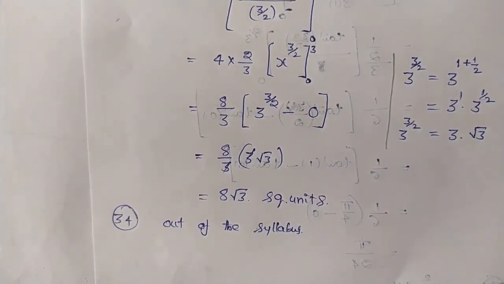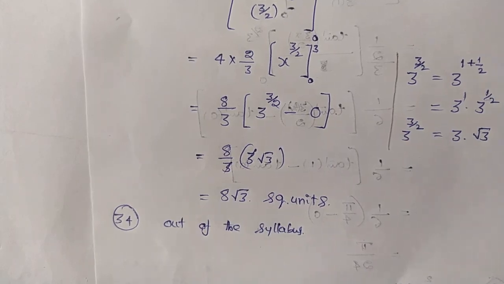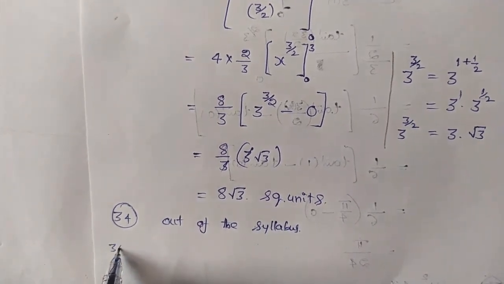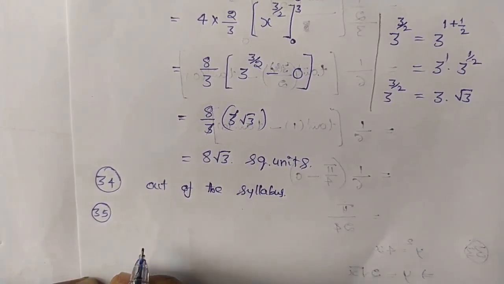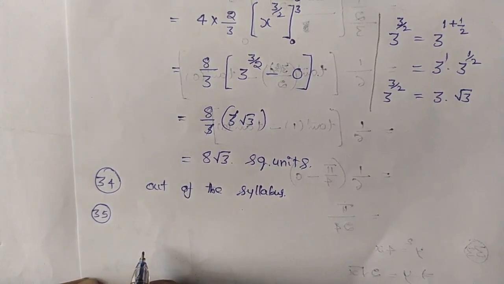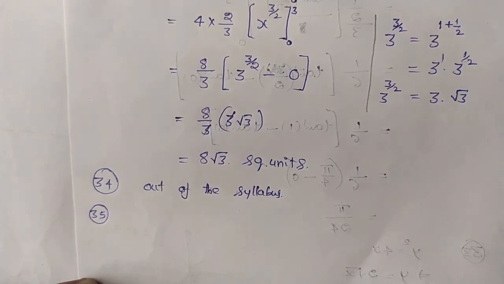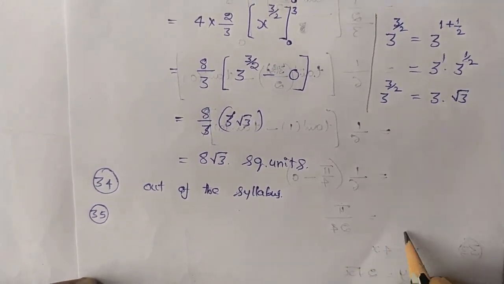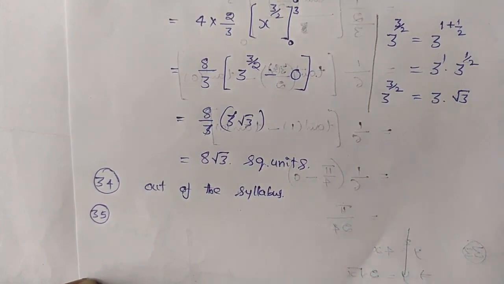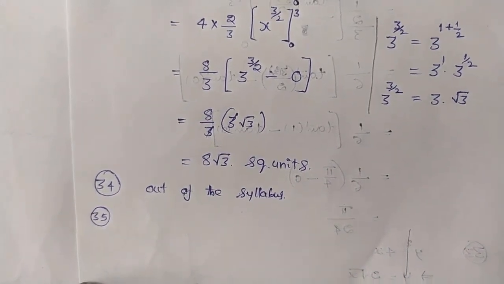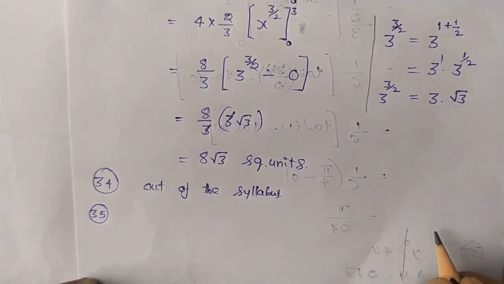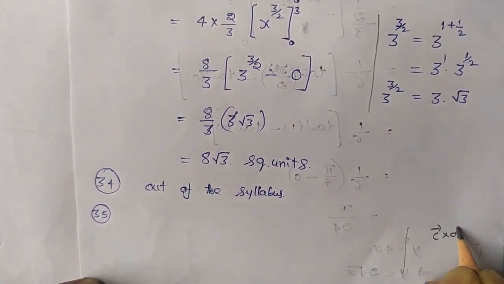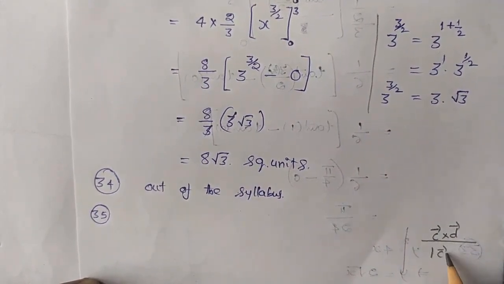Next, see the 35th question in your question paper. Find a unit vector perpendicular to each of the vectors a plus b and a minus b. So for this question you need to remember the formula that a unit vector perpendicular to each of the vectors is c cross d divided by magnitude of c cross d.